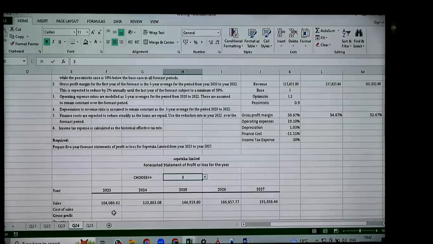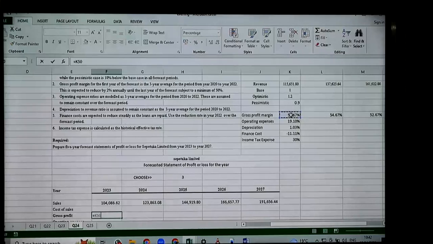So we go to gross profit here, equals. Our gross profit we will take from our assumptions, because we have already calculated our assumptions, isn't it? We will take this one times our sales. If I lock, I'll be locking only 50 because I want it to move to L, to M. The upper one I'll not lock. Then I drag along.